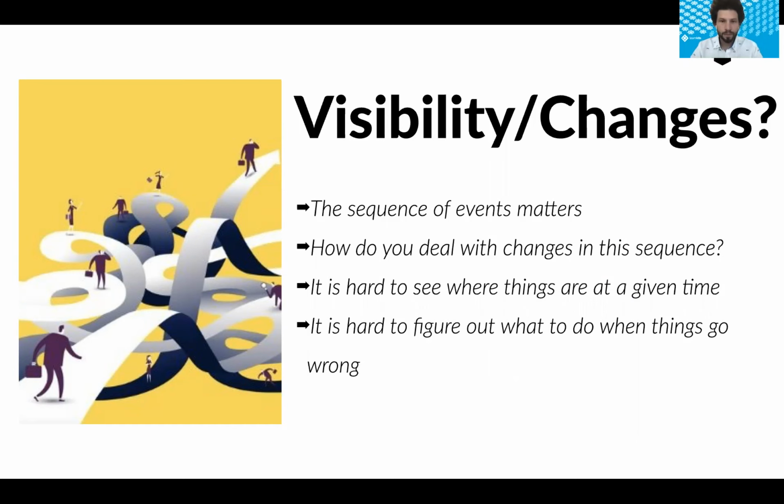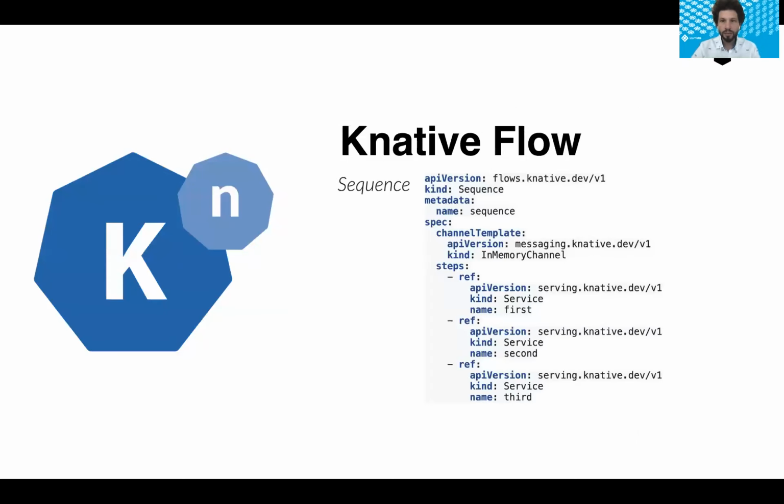So it's good to know that Knative also has Knative Flow, which implements a couple of constructs, sequence and parallel, that allow you to start defining these things in a declarative way. It's really nice from these concepts. Again, I will not spend time explaining these concepts because it's the Knative meetup. You just define them declaratively, and they also do interesting things like automatically provisioning channels.